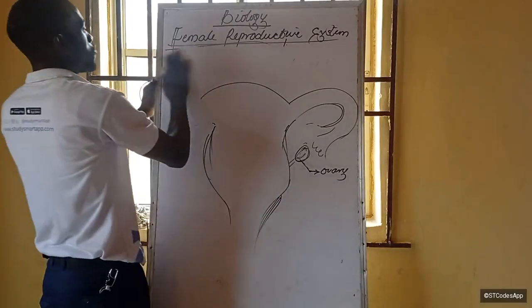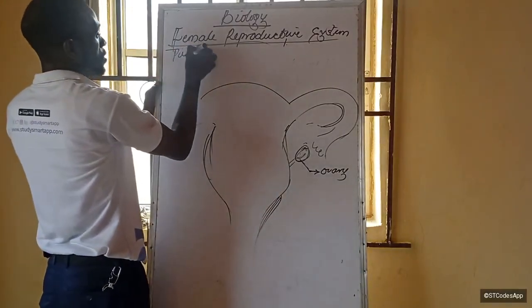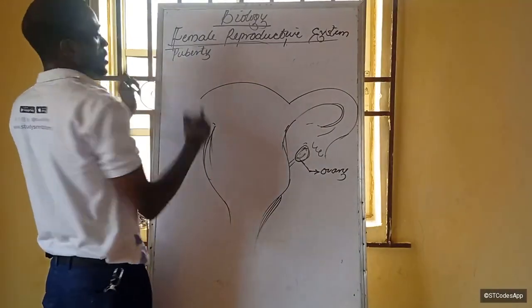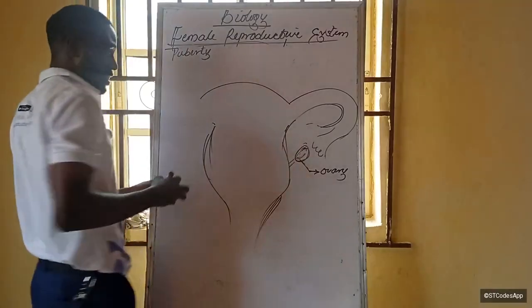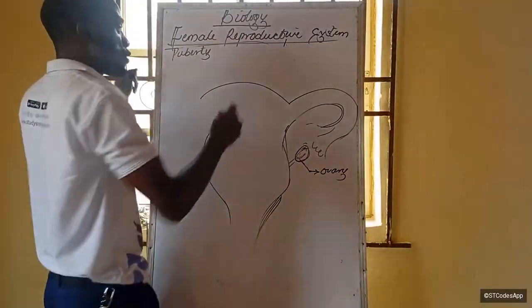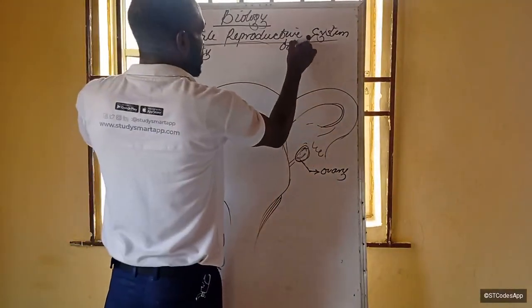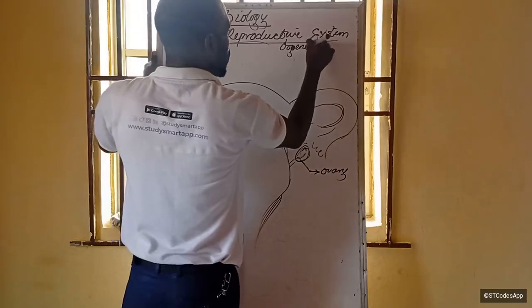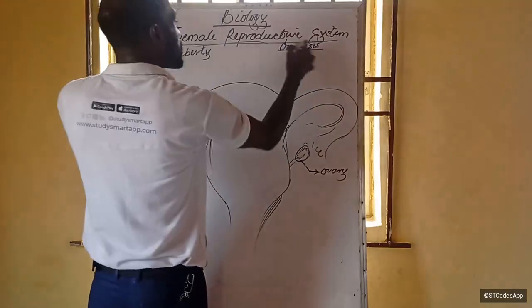When a female, this girl for example, attains puberty, then egg maturation begins. Actually, egg production is not what begins here. Remember that. The process of producing egg in a female is called oogenesis, and oogenesis would have started before her birth.